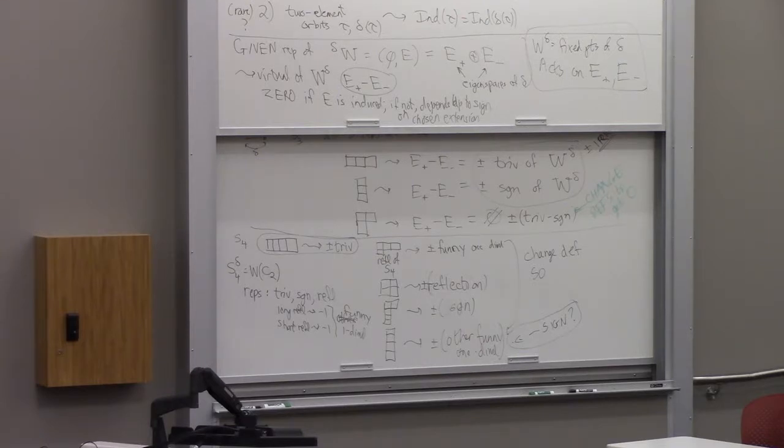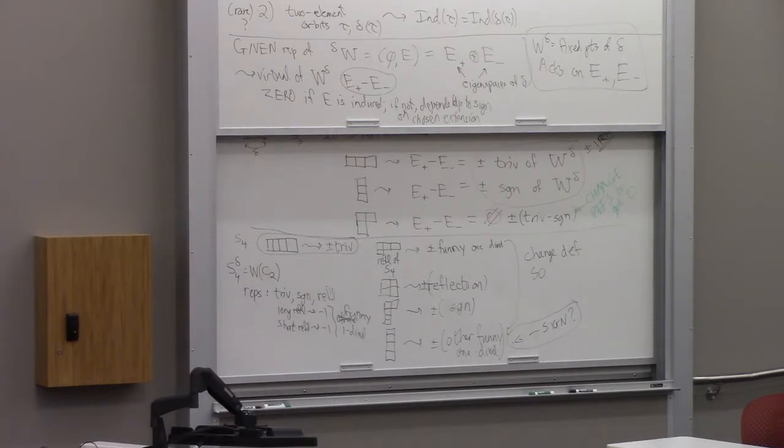Up here delta acts on tau tilde, with space E. So I can write E plus or minus as E plus or minus of 1, direct sum E plus or minus of minus 1.